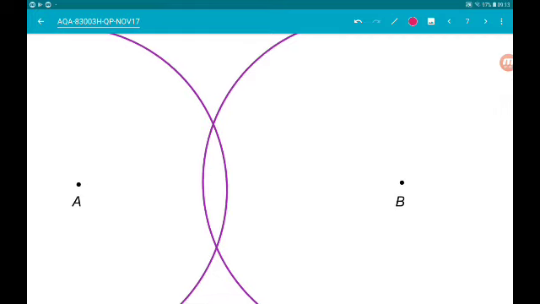So as we have here, and then what we do is we join up those 2 points with a straight line. So that line is the locus of all points that are the same distance from A and B. Obviously mine's not completely accurate, but hopefully you get the gist.